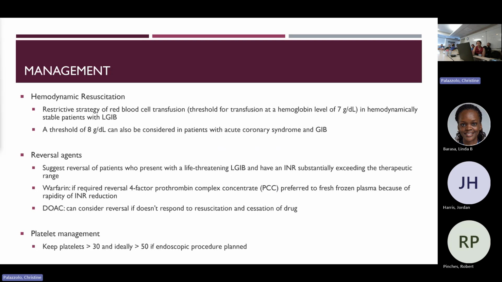All right. So for management, similar to upper GI bleeds, we're doing a more restrictive strategy, trying to get patients to 7, threshold of 8 in patients, maybe with cardiac symptoms. These guidelines go more into reversal agents and platelet management. We really don't give reversal agents too frequently unless it's truly someone with a severe life-threatening bleed. I forget, you guys may have seen this patient.